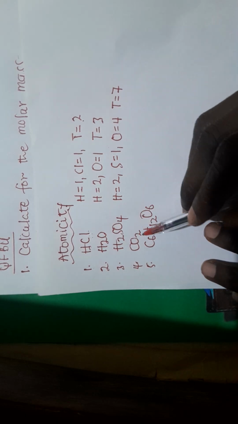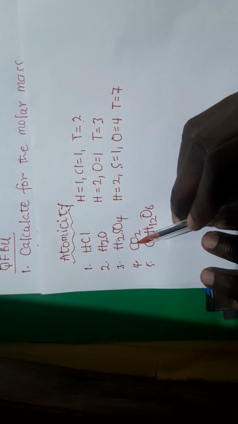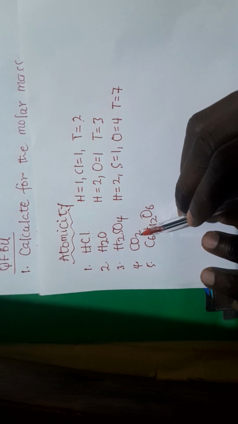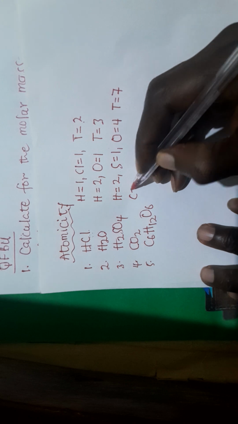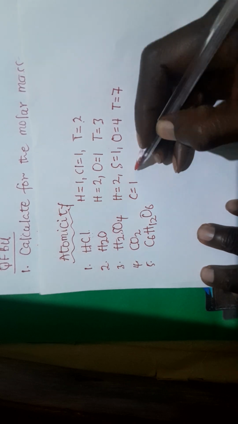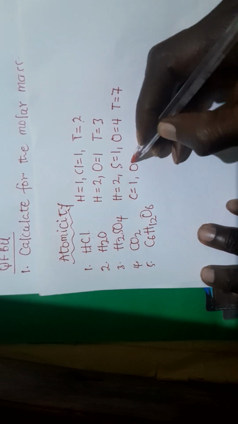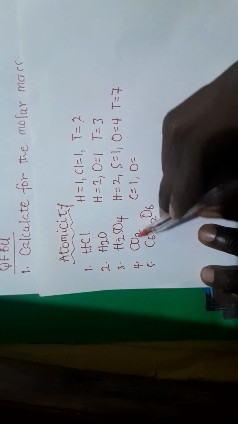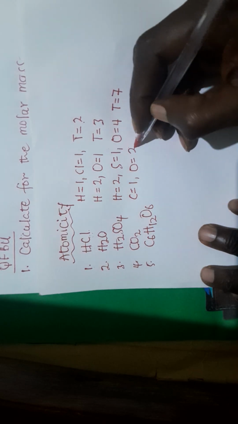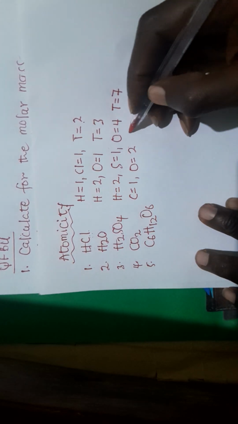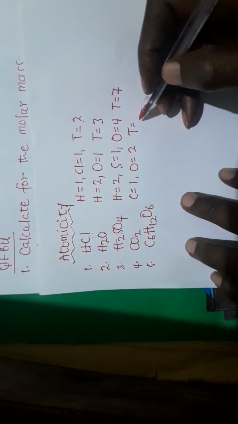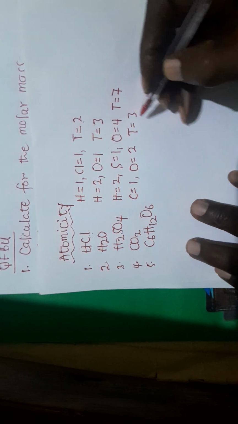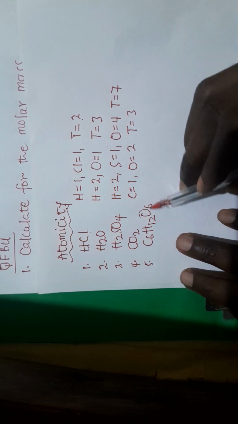Now, if you did it well, you will get the atomicity of what is here, carbon. So carbon 1. Oxygen present in there, this is carbon dioxide, the atomicity is what? 2. Total, did you get it? So the total is also what? 3.